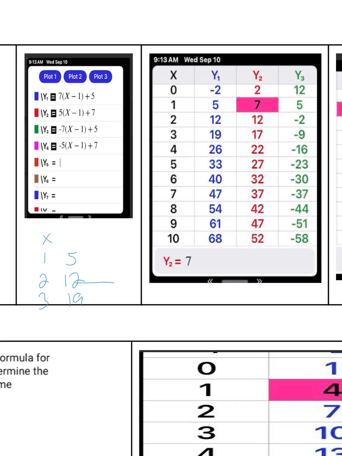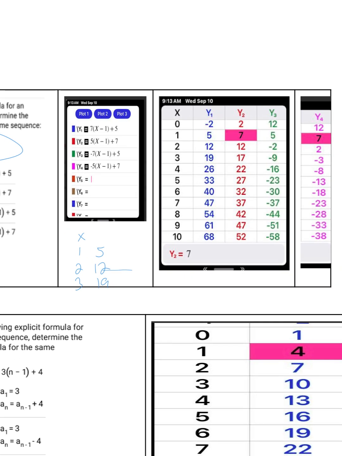Okay, so let's look at our table. So I have y1 through y4. That's all the equations that were given. And of course, you have to put x. Does one of them match? 5, 12, 19.